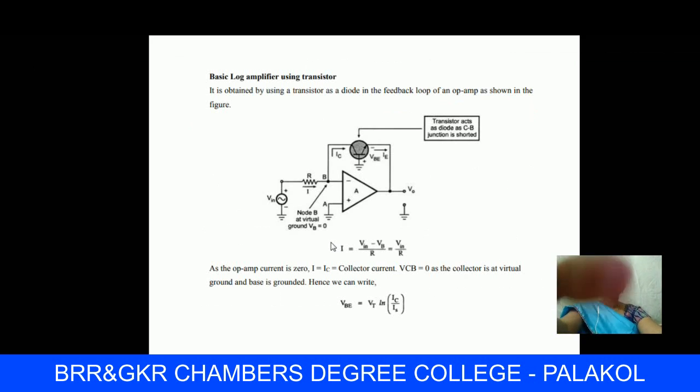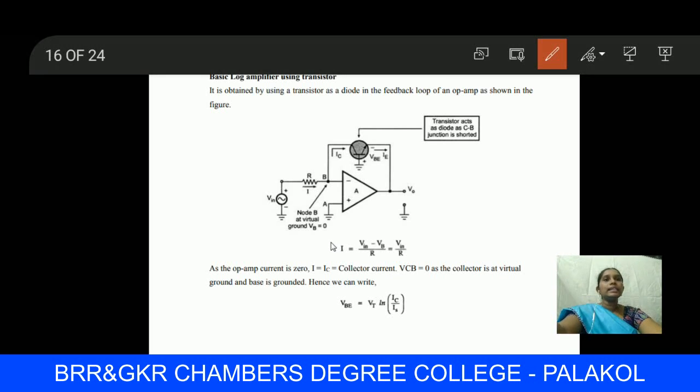First of all, this is a basic logarithmic amplifier using a transistor. Here we are using a transistor. In place of the transistor, a diode can also be used, which gives the diode logarithmic amplifier.